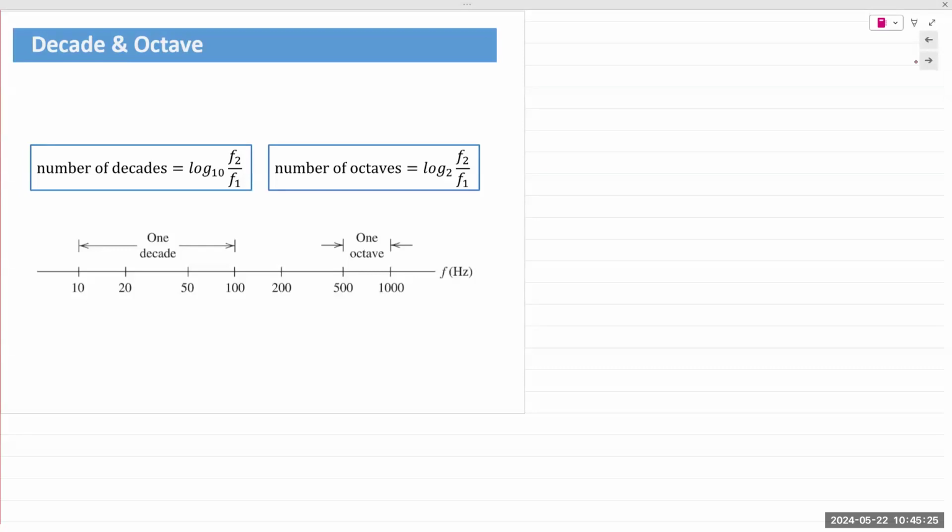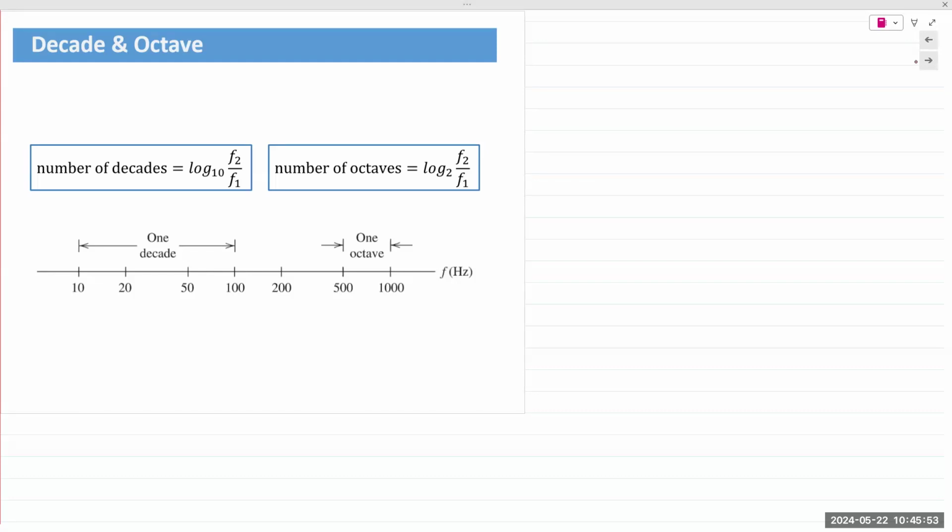If the base of the log is 10, then the change between the two frequencies is known as 1 decade. If the base is 2, then it's an octave. Essentially, if the ratio of two frequencies gives you a 1:10 change, it's 1 decade. If it's a 1:2 change, then it's an octave.